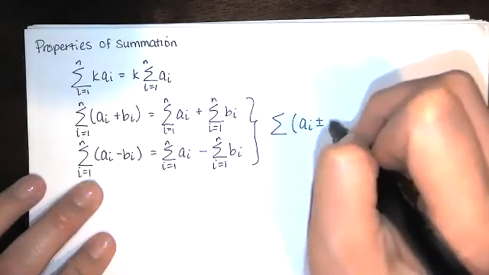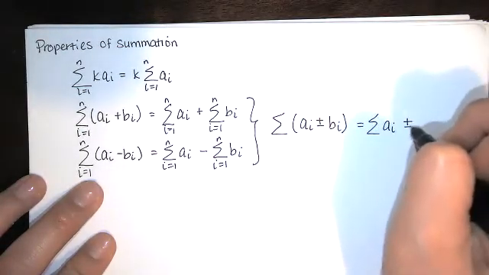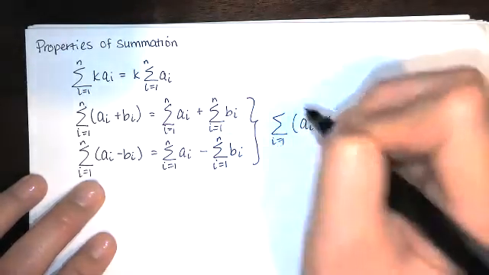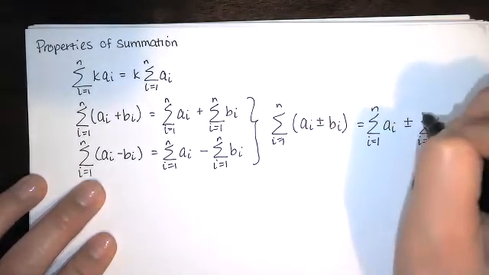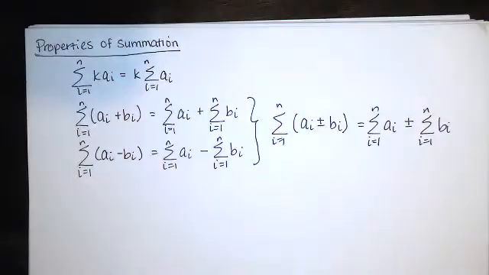They'll have a sub i plus or minus b sub i. i still goes from 1 to n. Okay, so those are some properties.